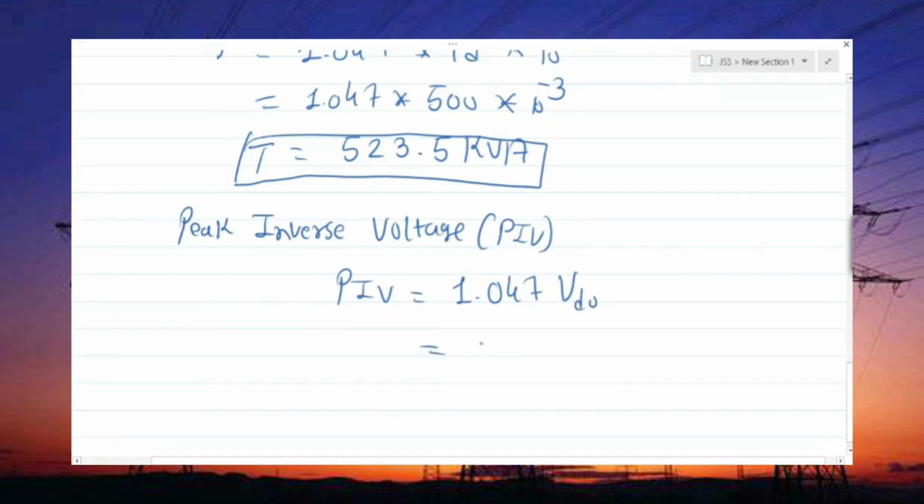What is VDO? It is the no load DC voltage, and the value of VDO is 207 kV. So the peak inverse voltage is 216.73 kV. So this is your PIV.